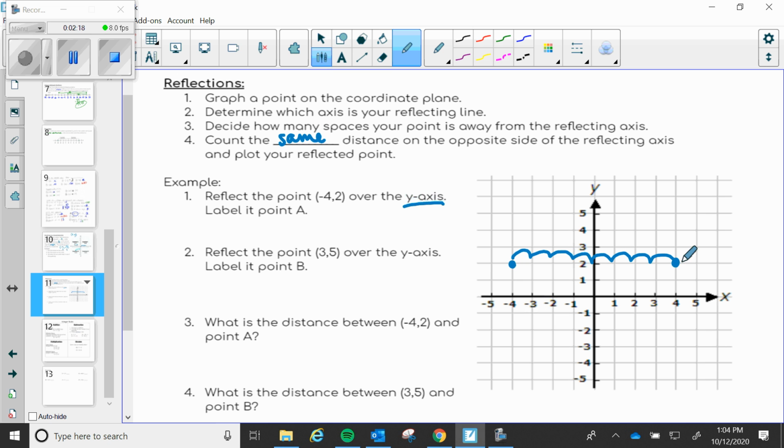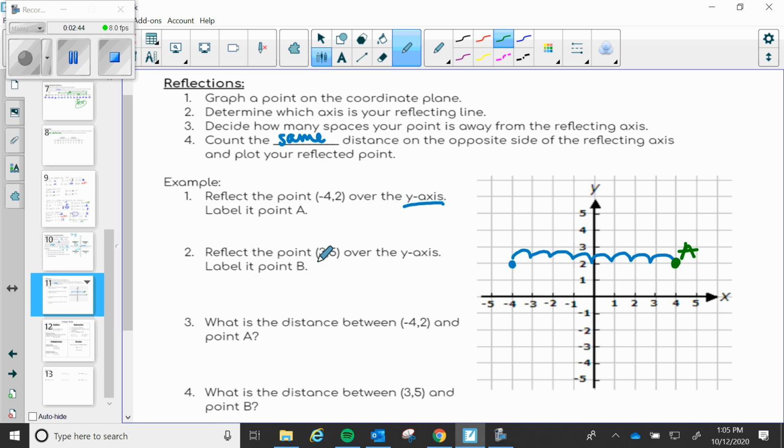So this is our new point, and I'll actually do it in a new color. This is our new point, and I asked you to label it point A. So we went from here, and then we reflected over the y-axis by jumping 4 spaces to 0, and then we jumped the other 4 spaces out into quadrant 1.